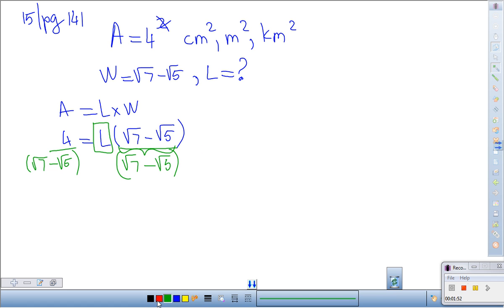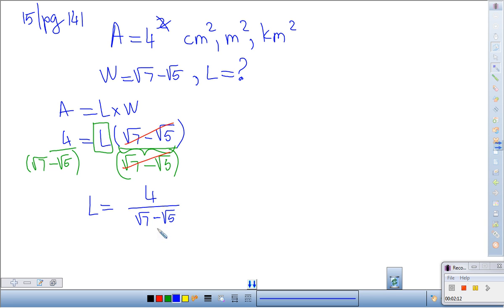Well, anything divided by itself equals 1. So I'm left with the length equals 4 over radical 7 minus radical 5. We do know that we cannot have radicals in the denominator.